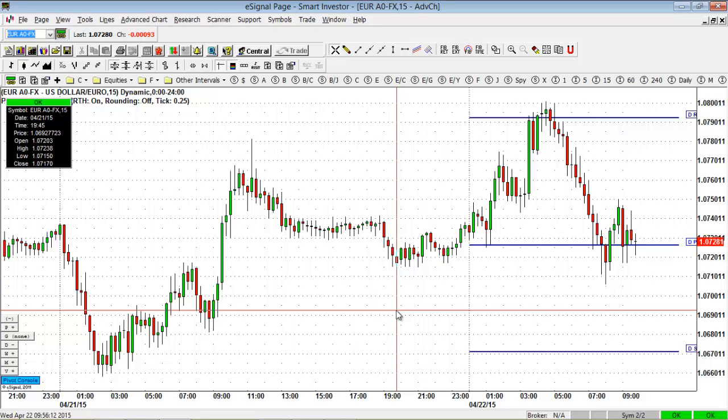So if you want to trade a time frame, you have to determine what you want your lifestyle to be like. If you want to be in front of the screen all day, then by all means you can trade the 15-minute chart.